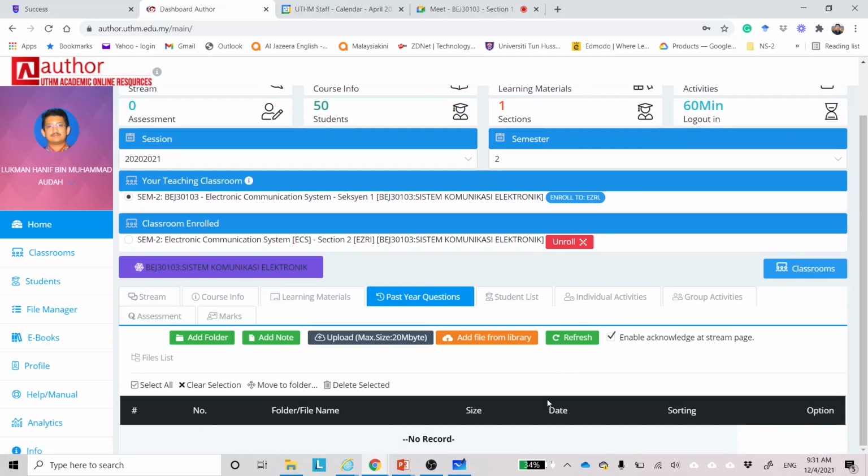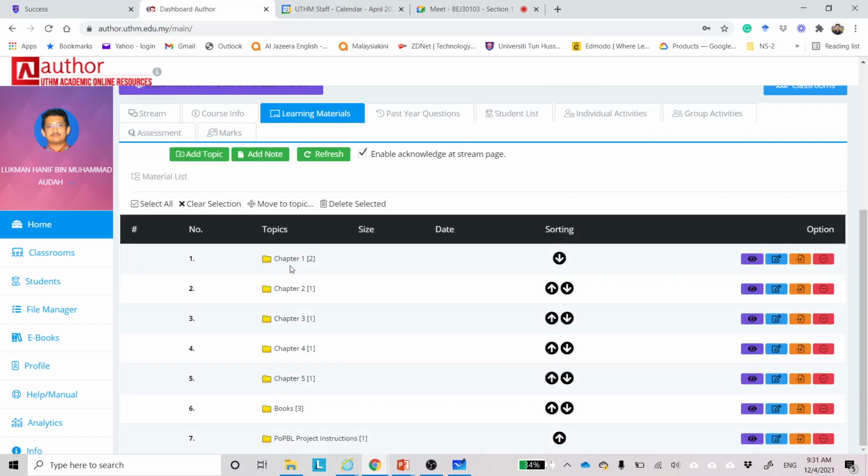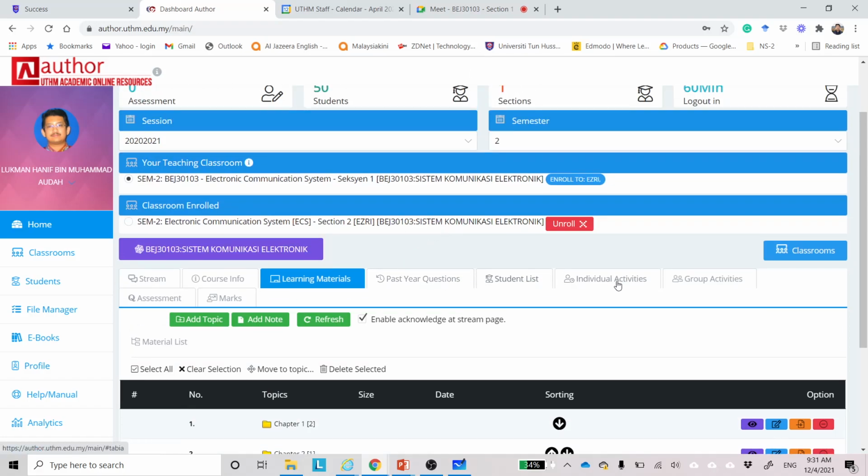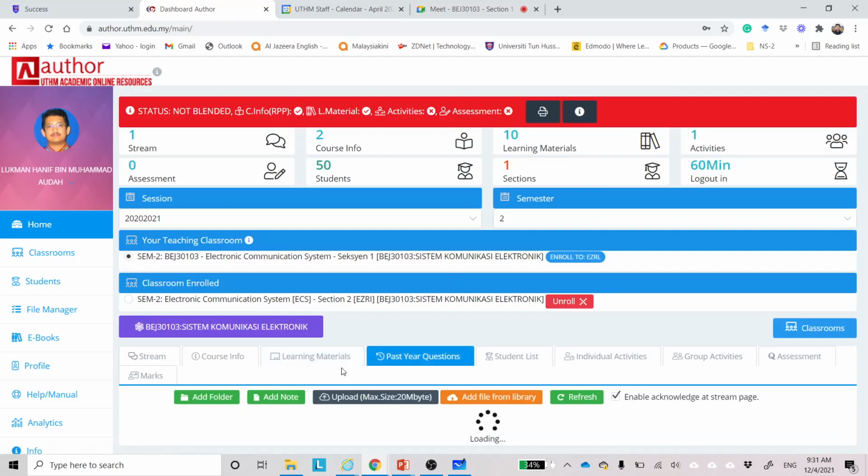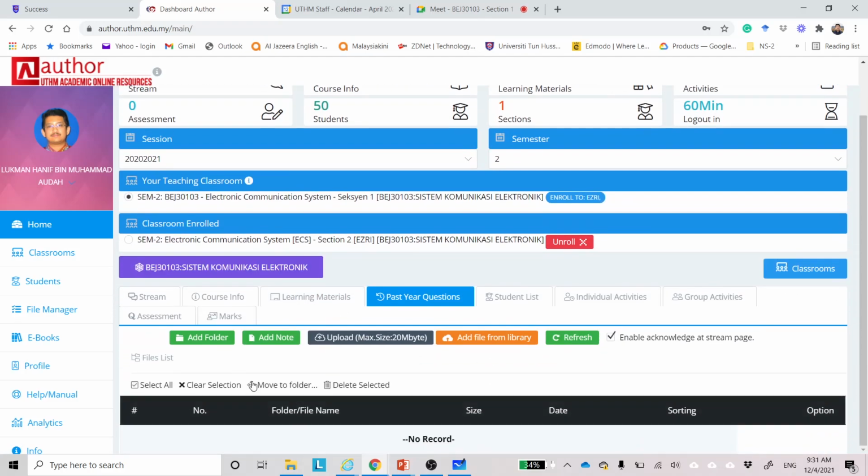Oh, tak ada. Okay, sorry about that. Nanti saya akan letak. Dalam learning material saya ada letak chapter 1 until 5, including the books, and also the PBL instructions. So later I will put here, it's supposed to be here. Okay, tak apa, nanti saya masukkan, sorry about that.